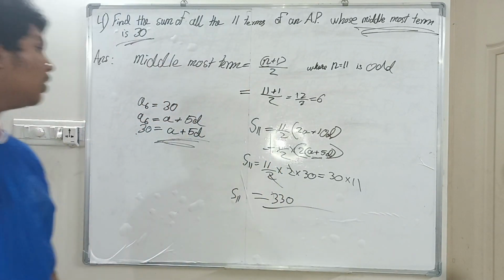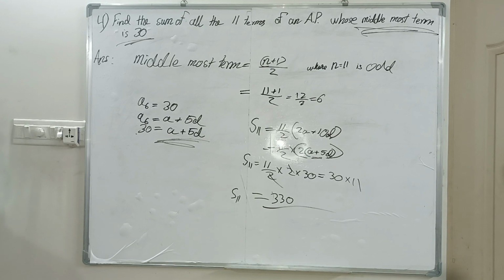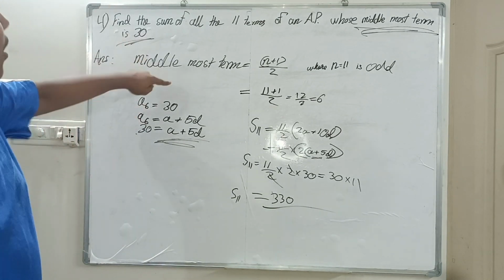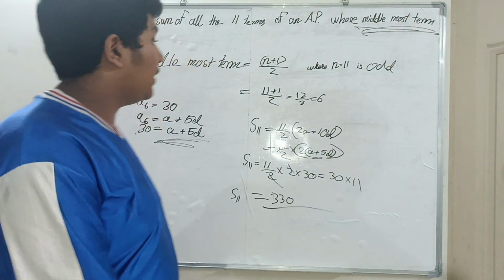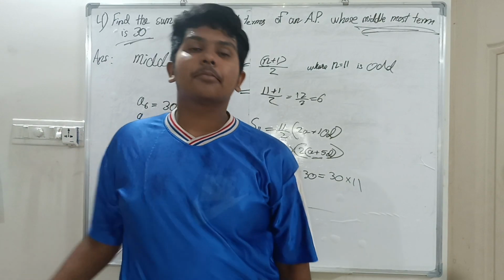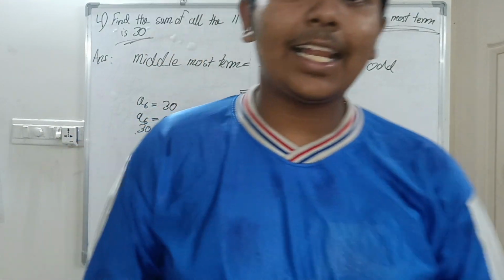Hence, we got the answer of the sum. So, the sum of all the 11 terms of an AP is 330. Now, let's move on to the last question.